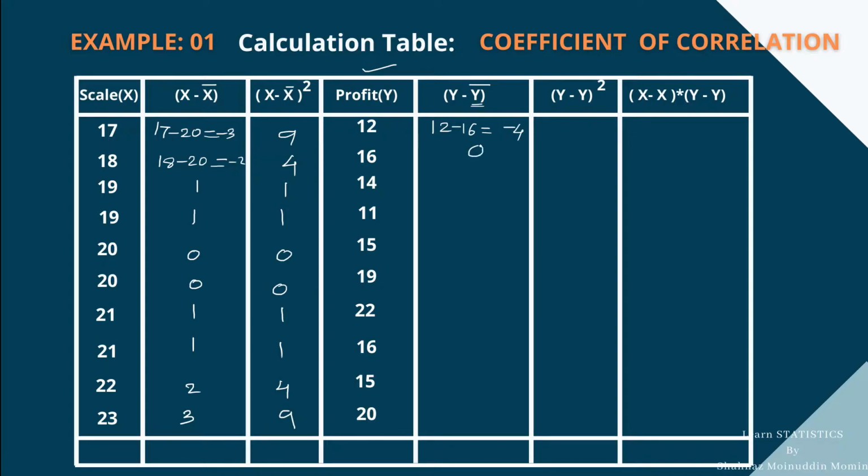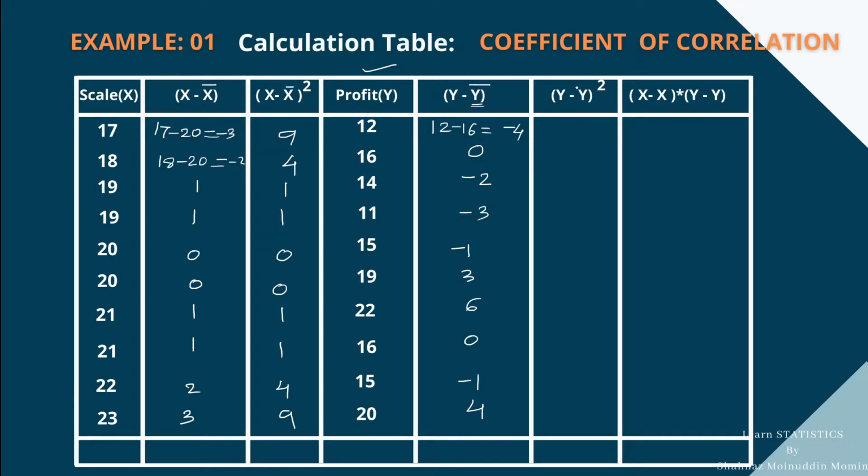Likewise, this is 0, minus 2, minus 3, 1, minus 1, 3, 6, 0, minus 1 and 4. This is the y minus y bar column.